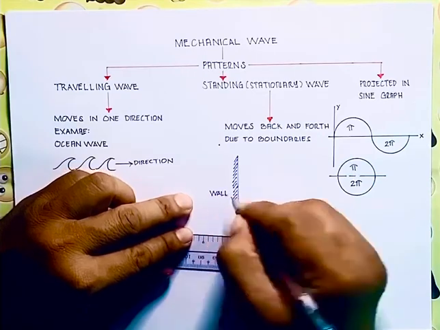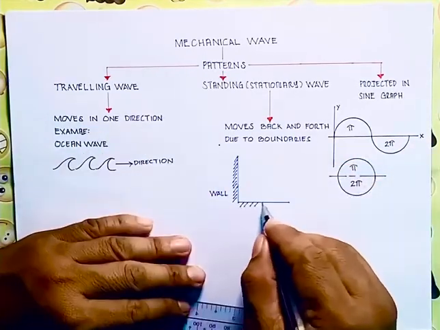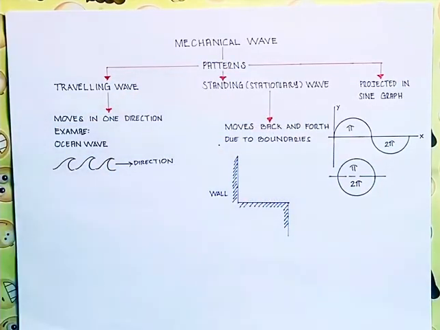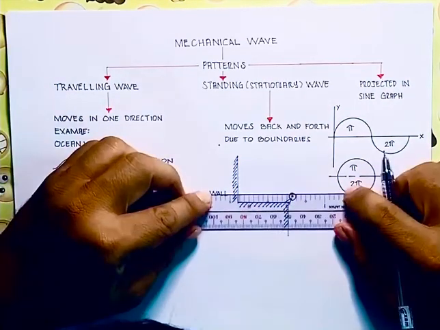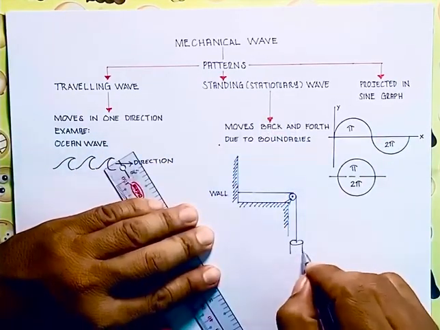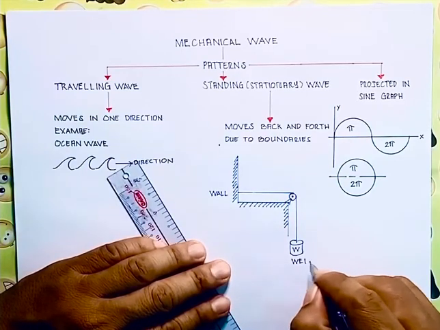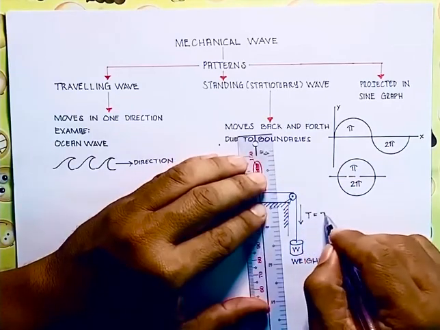So in this case, if we attach a string to the wall, put a pulley on the end of the string, and then tie or hang a weight onto the pulley, this will create what we know as tension.